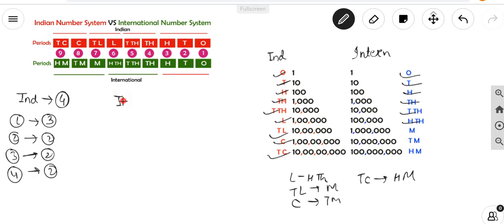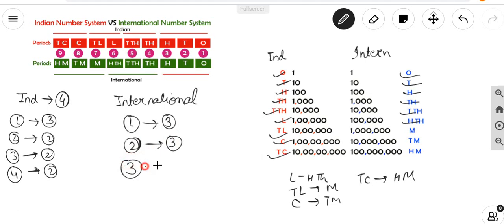But in the international number system, the first period has 3 places, the second period also has 3 places, and the third period also has 3 places. This is the basic difference between the Indian and the international number system.